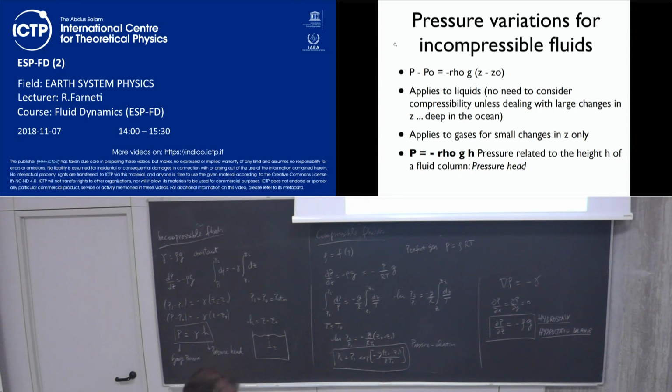So for an isotherm, you consider part of the fluid which has constant temperature. You're looking at the isotherm in the atmosphere, or in the ocean, and you look at the pressure elevation relationship of the isotherm.